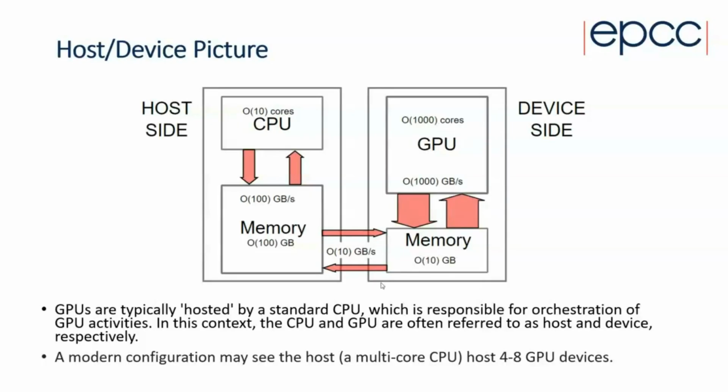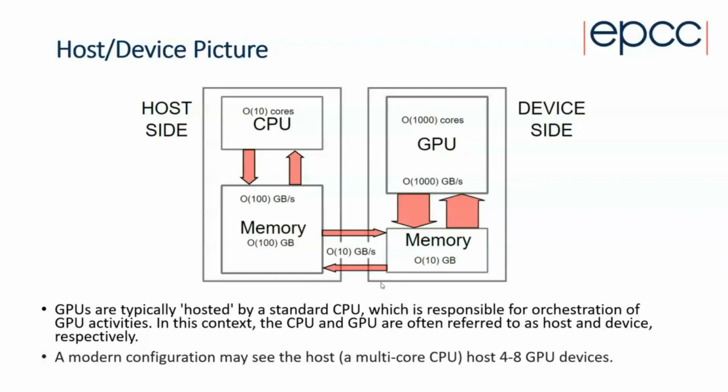So in this context, the CPU is often referred to as the host, the GPU is often referred to as the device, and they both have memory. With a CPU, I have a small number of cores, but I have lots of memory.